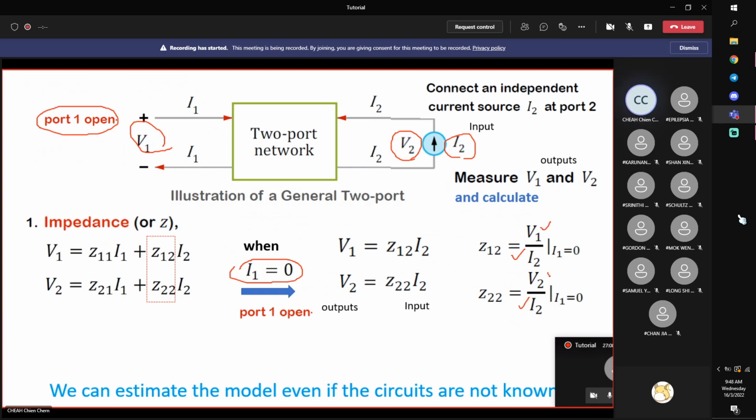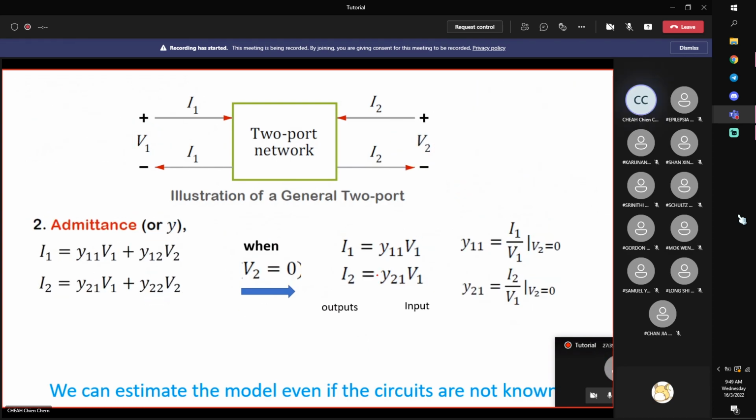Then I can get everything required to calculate Z12, Z22. Therefore, you can get all the 4 parameters by doing 2 experiments. One is to open port 1, the other is to open port 2, so that you can focus on 2 parameters at a time to identify the 4 parameters.